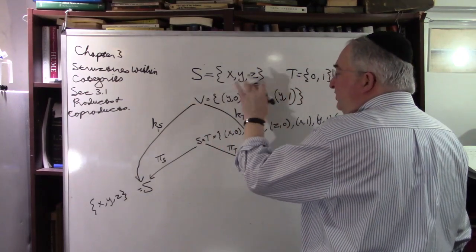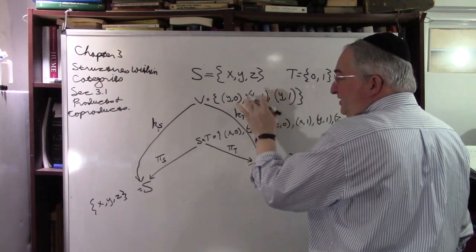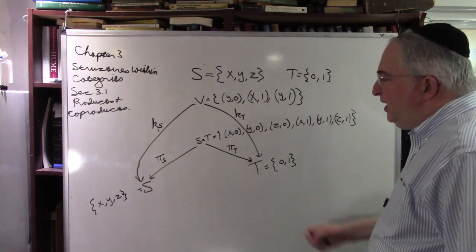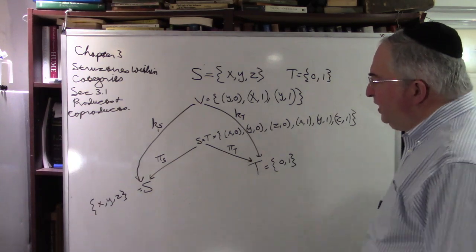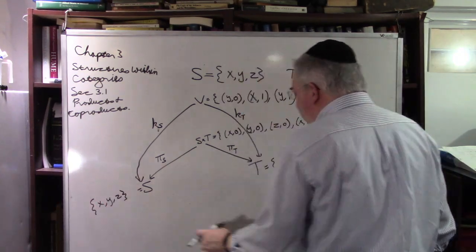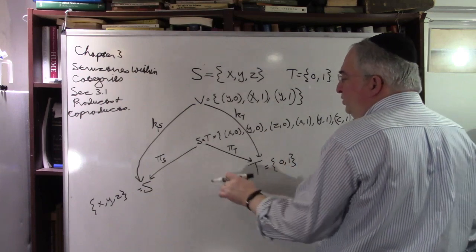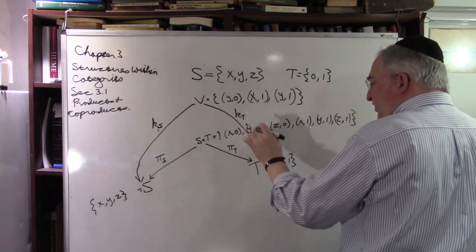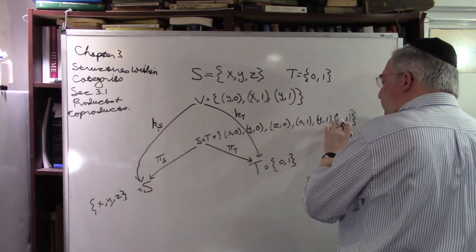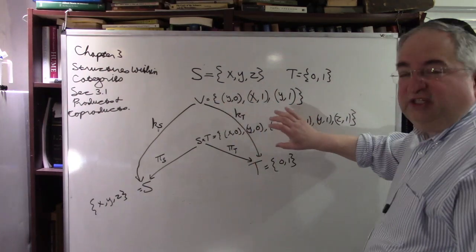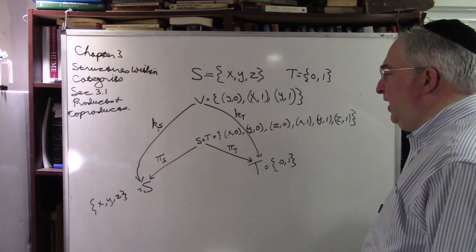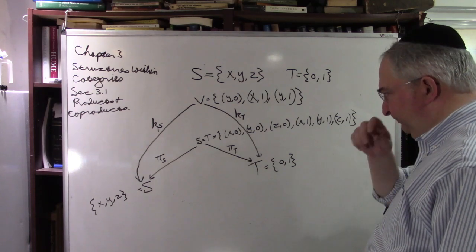This also has information from both S and T. And the answer is, this has all the information from S and T. S has 3 elements, T has 2 elements, so 3 times 2, this has 6 elements: 1, 2, 3, 4, 5, 6. In contrast, this has 3: 1, 2, 3. So this is somewhat better. And the answer is as follows.